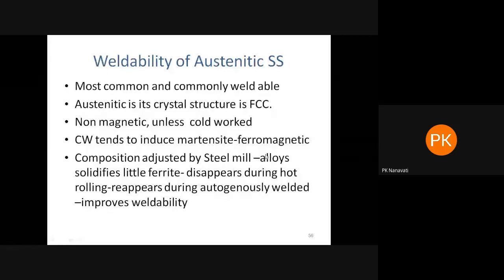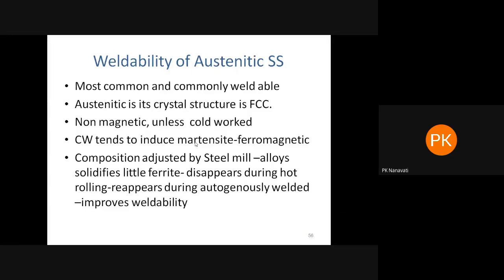So when this austenitic steel is manufactured in a steel mill, the composition is such that some ferrite will remain in the composition. This ferrite will disappear when you are hot rolling.